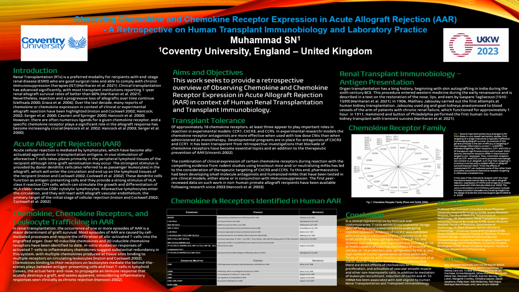in the smoldering inflammatory responses seen clinically and referred to as chronic rejection. So in this research poster presentation as well, there is an overview of chemokines and chemokine receptors identified in human acute allograft rejection, wherein on one side there's a list of chemokines, and then in the literature there are some findings against those particular chemokines, and then there is the citation.